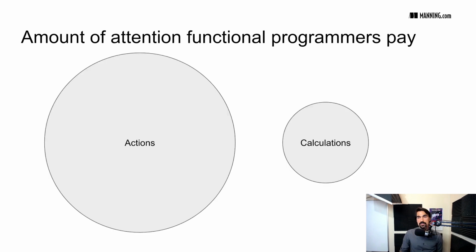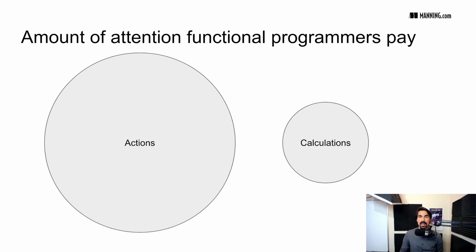The thing is, though, that we pay much more attention to actions. We spend more time with actions because they are harder to work with. And this is a common misconception in functional programming, that we don't want to use actions at all, or that we basically try to ignore them.